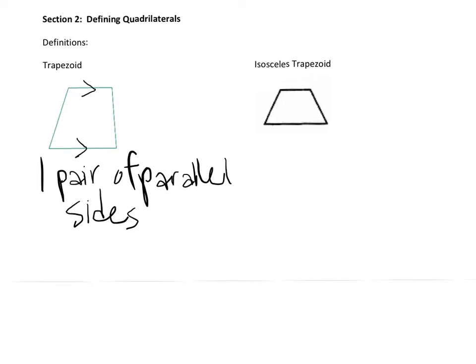And one thing to know about trapezoids is that to call which sides are parallel and which sides aren't, we call these two sides that are parallel, we call those bases. And then these other two sides that are not necessarily parallel, we'd call legs.